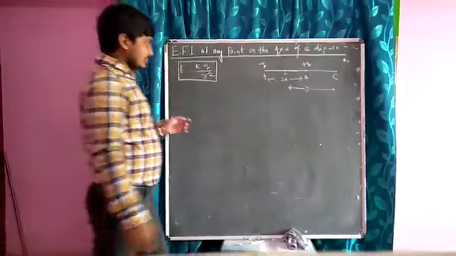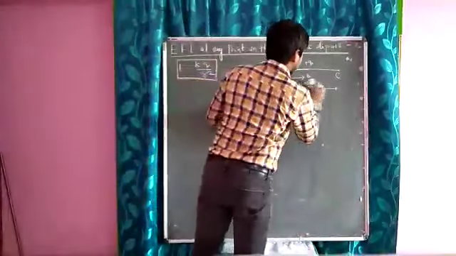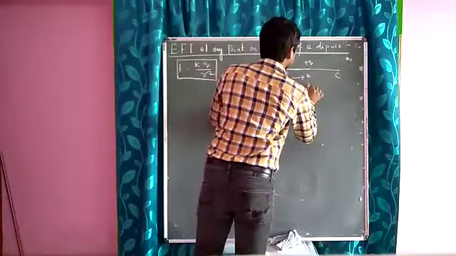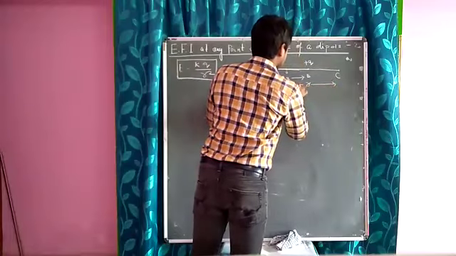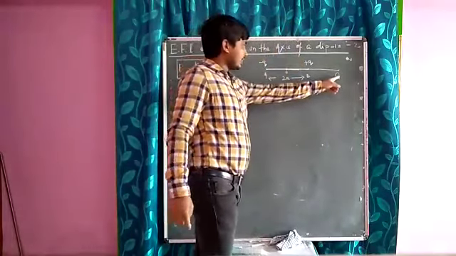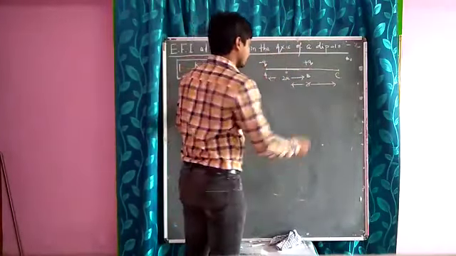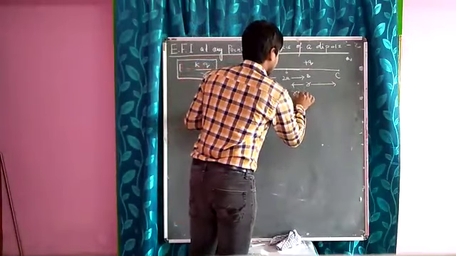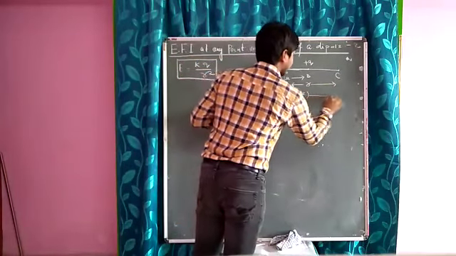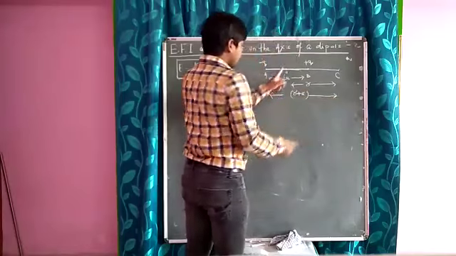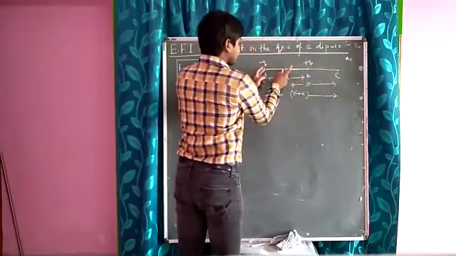So similarly, the distance of this point C from the charge minus q is r plus a, because up to this distance is r and this much is a.